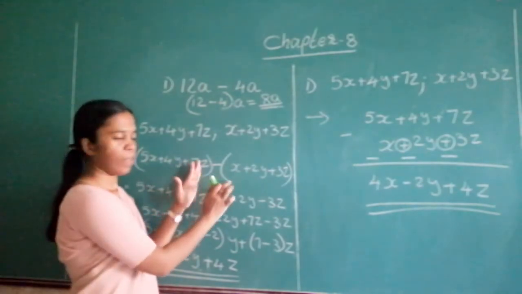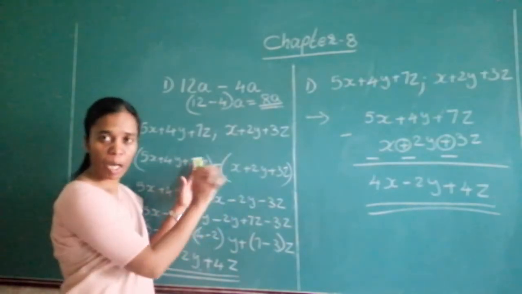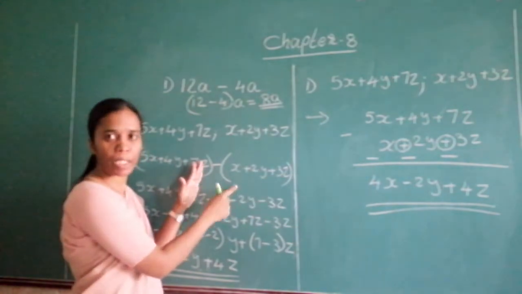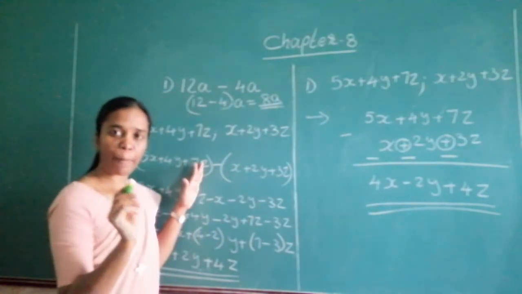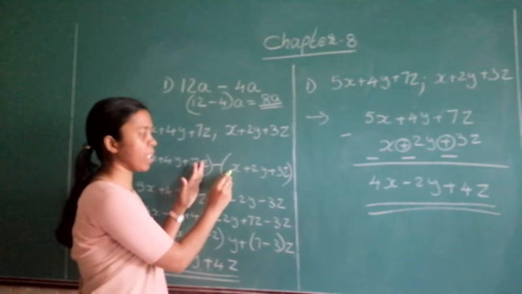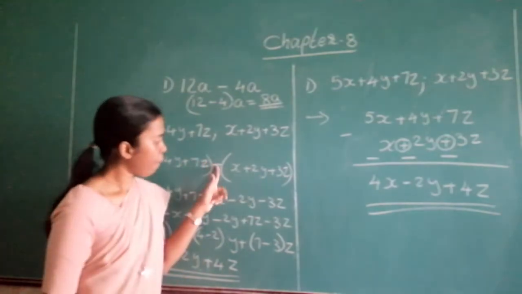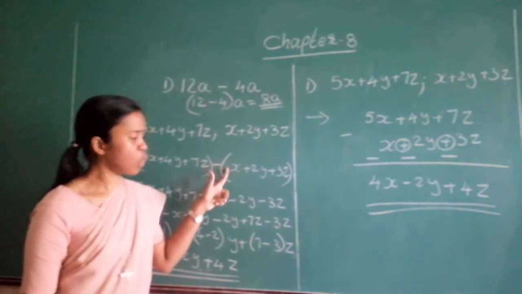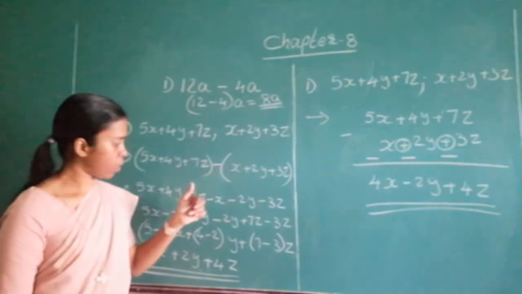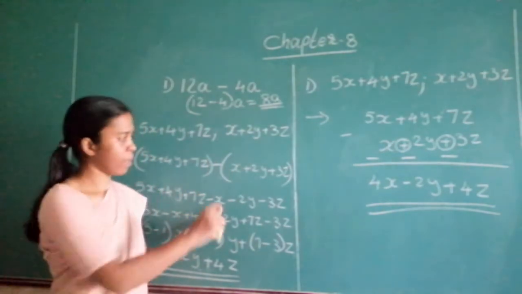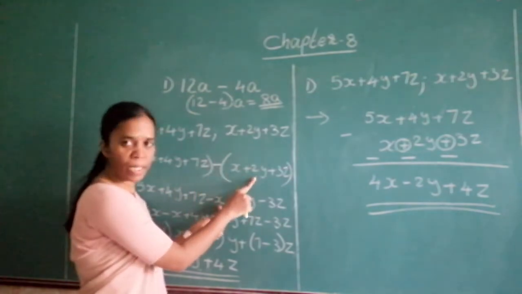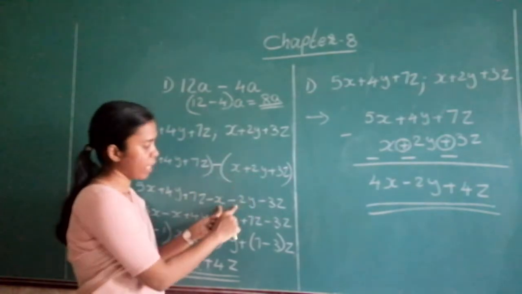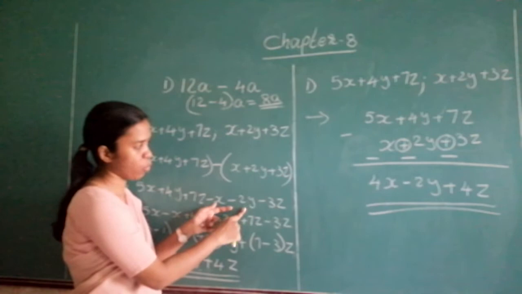Now, you have to write the second trinomial. How do we write it? Open the bracket, and multiply the sign with each term inside. Minus. Here there is no sign, that means it is plus. So, minus into plus, minus. So, you get minus x. Minus into plus, you get minus 2y.